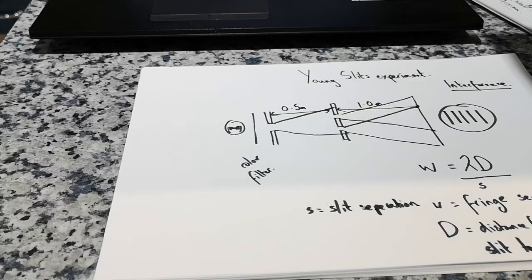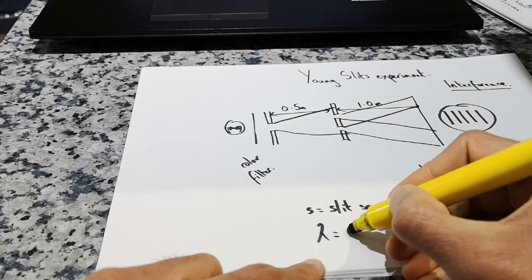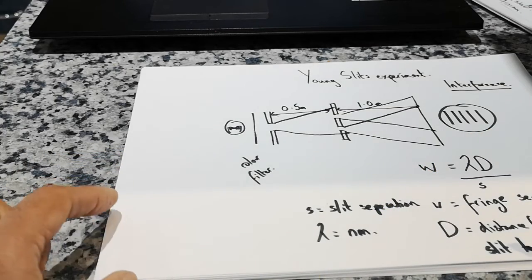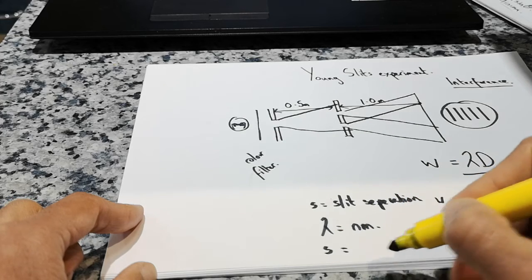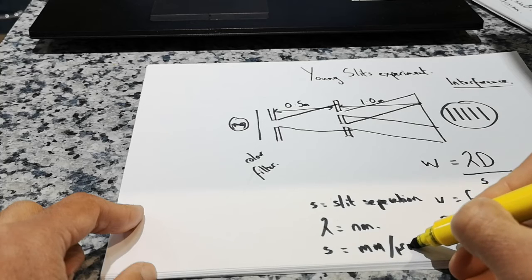Now, having looked at a range of exam questions on this, the thing you need to be aware of is that quite often the wavelength appears in nanometers, especially when we're dealing with visible light, and the slit separation tends to be in millimeters, possibly even micrometers.